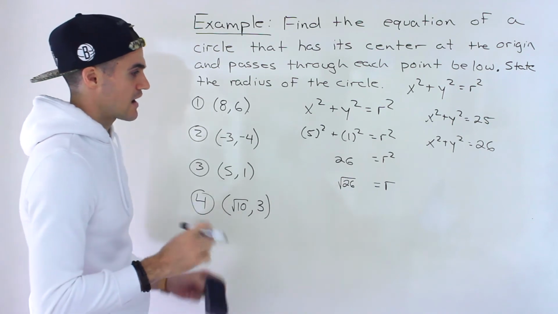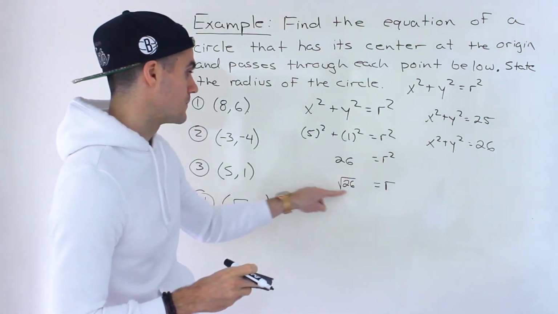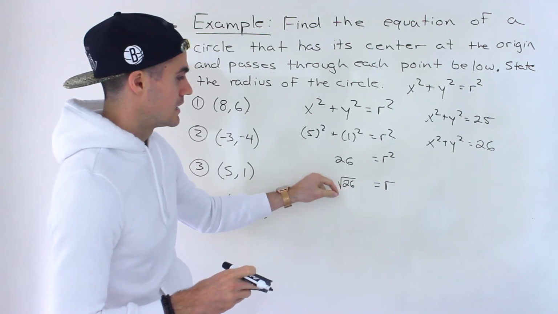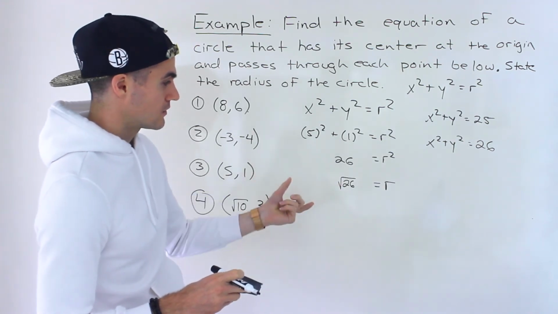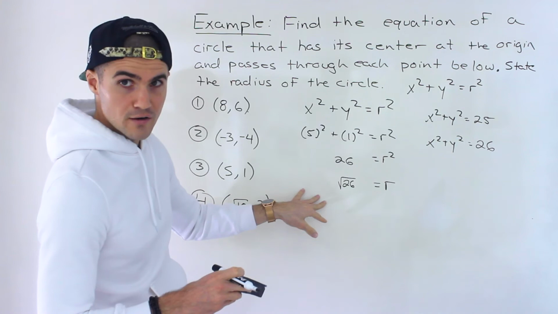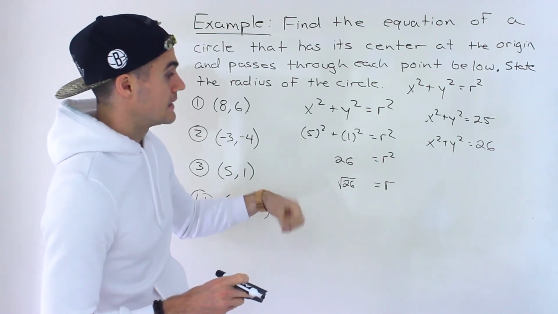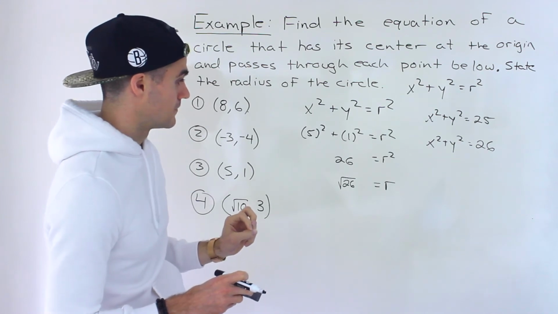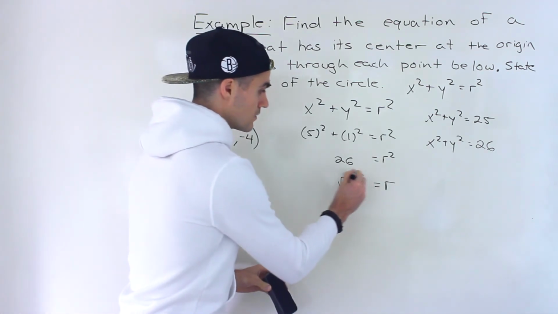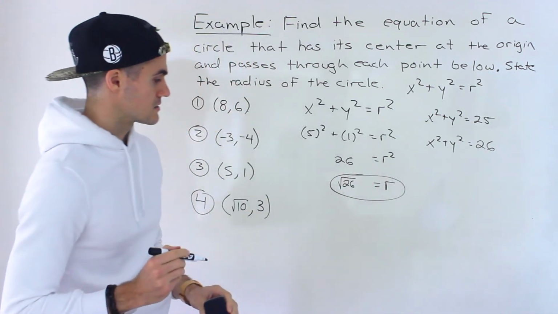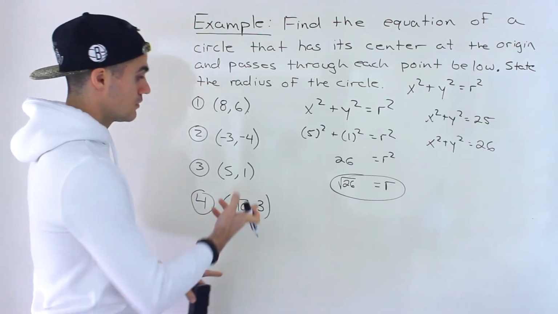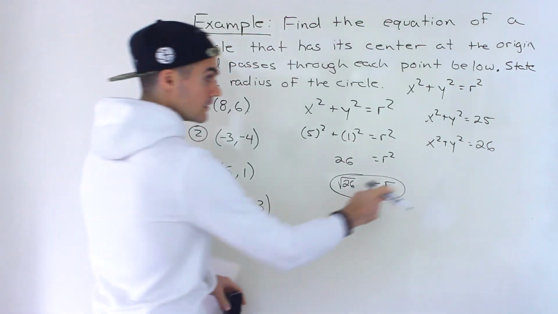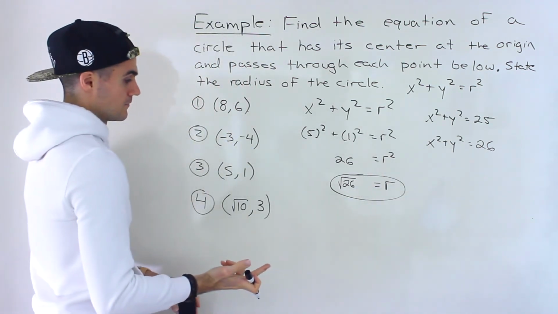I'm going to keep it as an exact value, and this exact value you can't simplify any further because 26 doesn't have a rootable factor. So 4 is not a factor, 9 is not a factor, 16 is not a factor, etc. So this here would end up being the radius of a circle that contains this point. The equation for it is this over here.